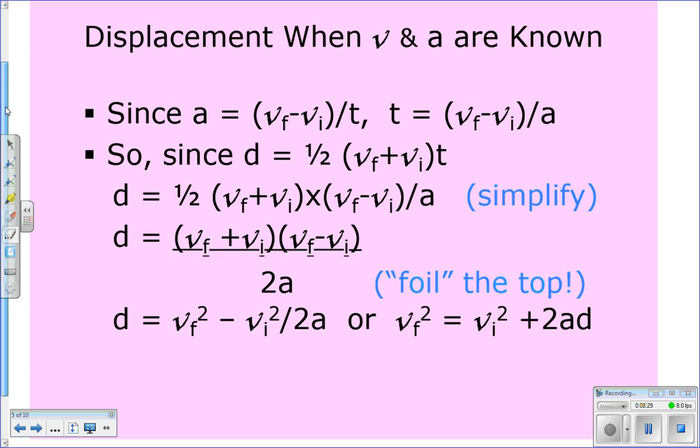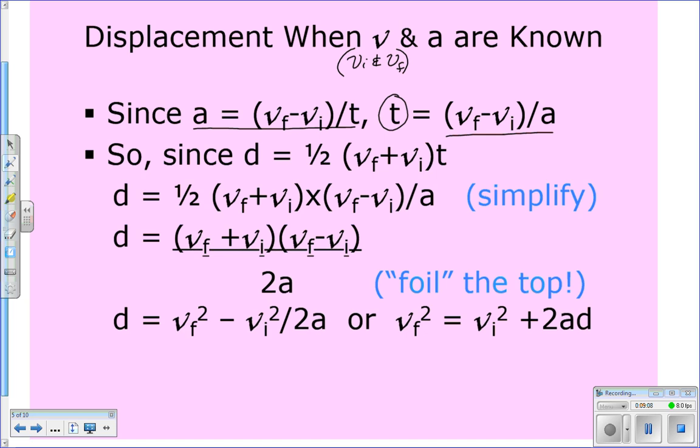So, what if we know both of the velocities, initial and final, and the acceleration, but we don't know the time interval? Well, in that case, since we know that acceleration is found by taking VF minus VI over t, we can rearrange that for t, and t is equal to VF minus VI divided by a.